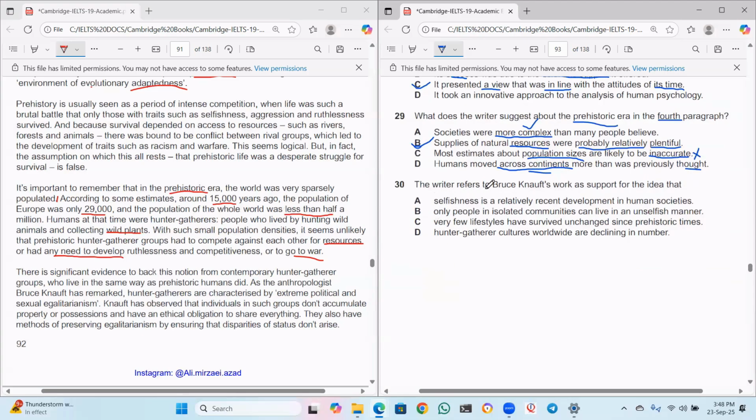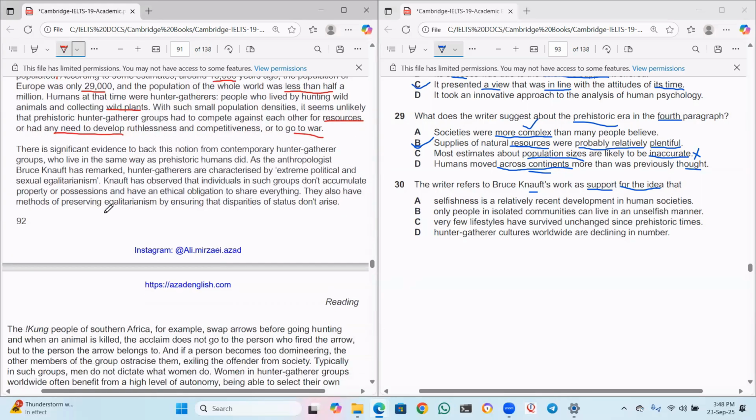The writer refers to Bruce Knauft's work as support for the idea that, okay, he's talking about Bruce Knauft's work as a support for some idea. So what idea is that? This guy Bruce Knauft, I think he is in the next paragraph only, right? Here you can see Bruce Knauft. So let us read this paragraph now.